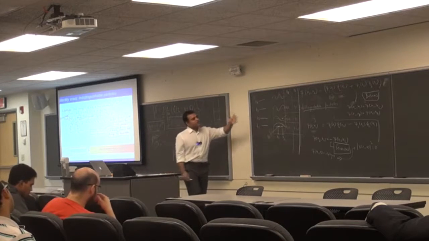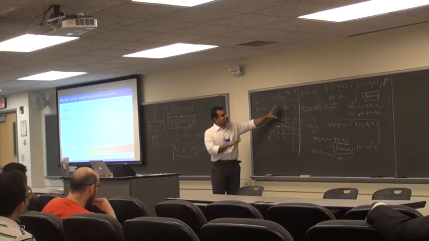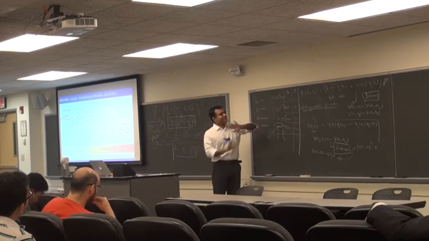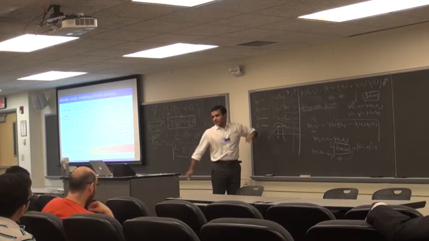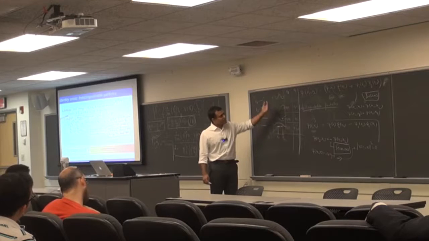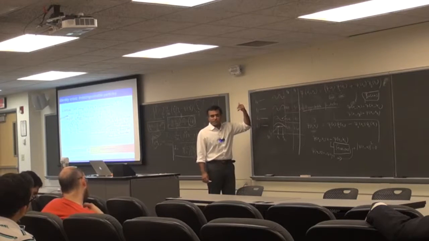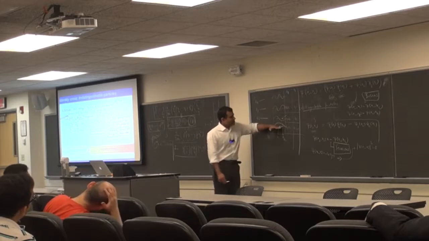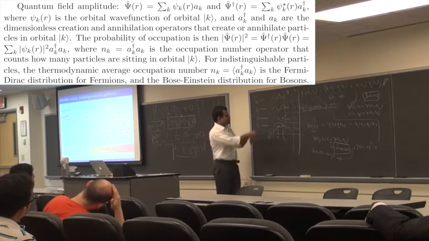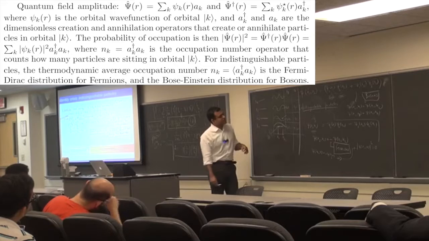And the second way, which I'm going to just briefly mention now, and then use it to derive a very important result, and then keep aside till we come back to it later, is what's called the occupation number formalism of quantum mechanics, where you don't think about wave functions and all.